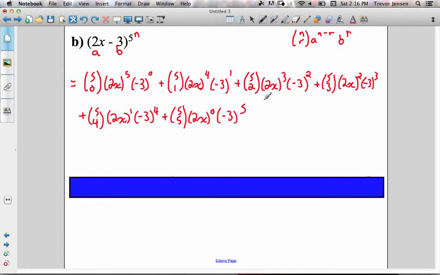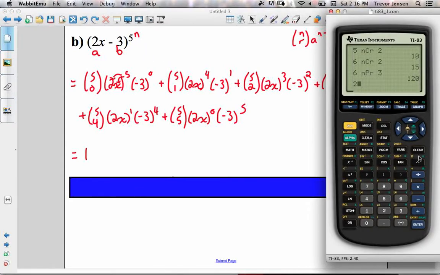Now let's look at how we could simplify this. Okay, so let's look at just the first term. 5 choose 0 is 1. Now keep in mind this exponent of 5 has to be applied to the 2 and the x. So I have to figure out, okay, what's 2 to the 5? 2 to the exponent of 5, and you get 32.